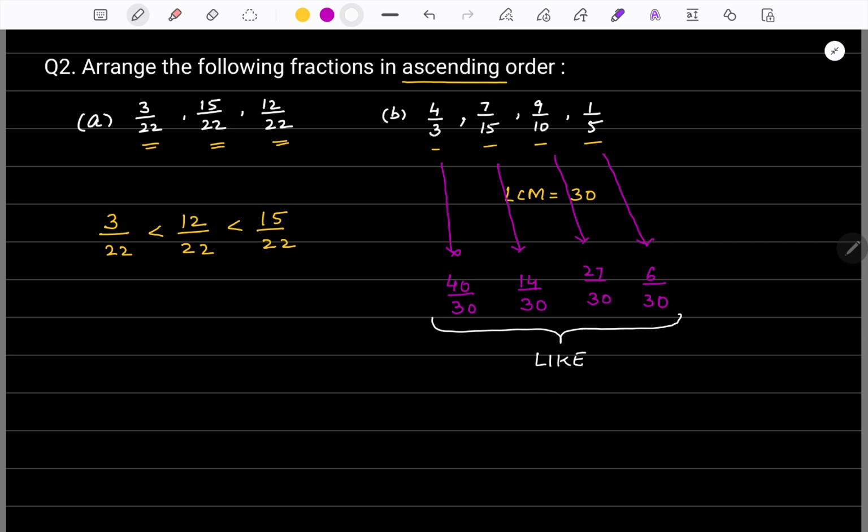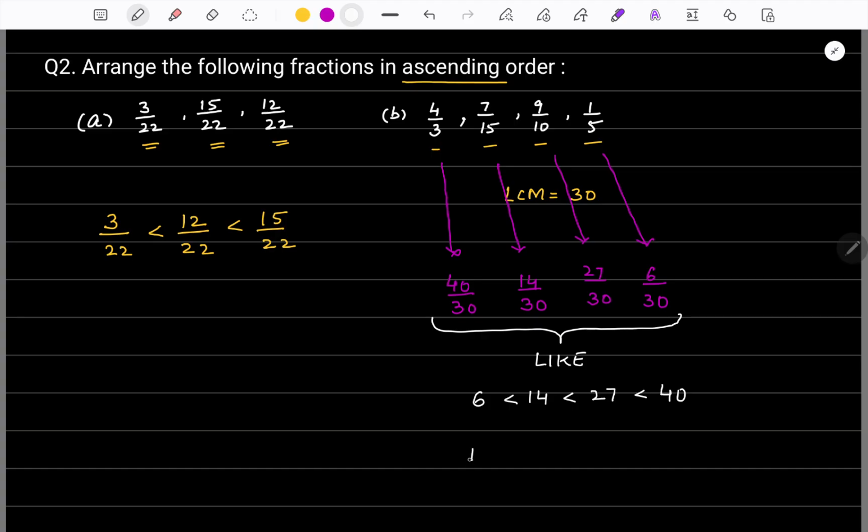So we can say here now that in ascending order, the smallest one will come first. So 6 is less than 14 is less than 27 is less than 40. Now we write the corresponding fractions for all these.